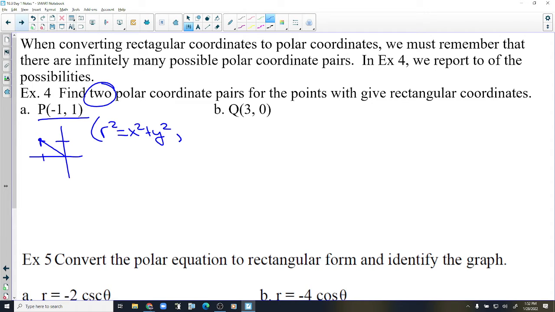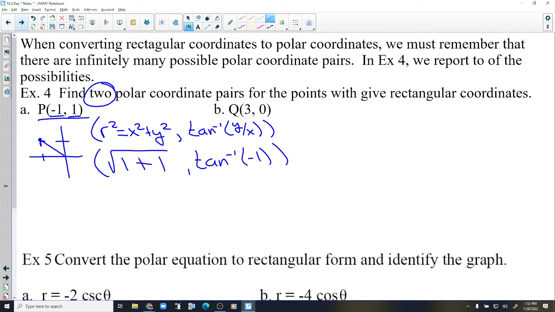And the angle is the inverse tangent of y over x. So there are the tools, right? We want the square root of 1 plus 1, if we square both of those, and then we want the inverse tangent of negative 1.